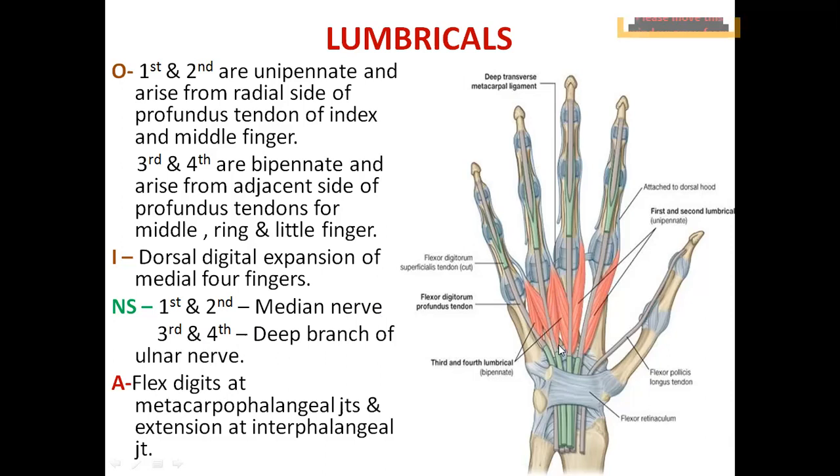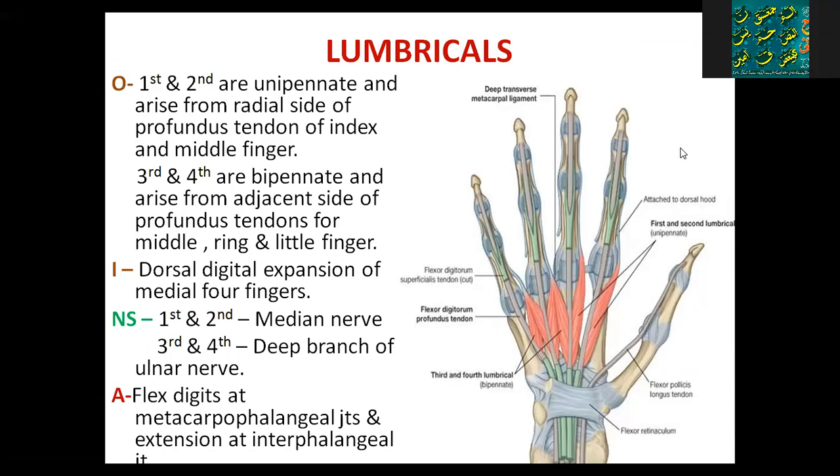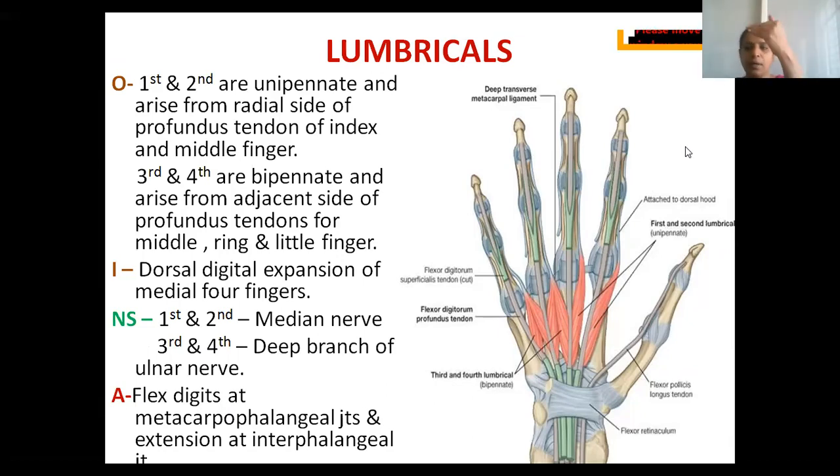Now coming to the action of these lumbricals, what do they do? They flex the digits at the metacarpophalangeal joint and extend the interphalangeal joints. Let me show you, just look at me once. See here, these are our metacarpals. These knuckles are nothing but the metacarpophalangeal joints.